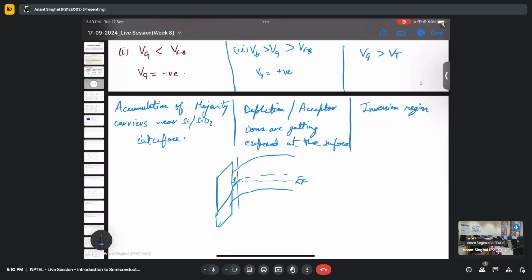So this EF was going above that EI, and this EI was below. So this was the P type substrate, and we were getting an N type substrate at the interface. So we were basically inverting the nature of the semiconductor. That is why we were also calling it the inversion region.